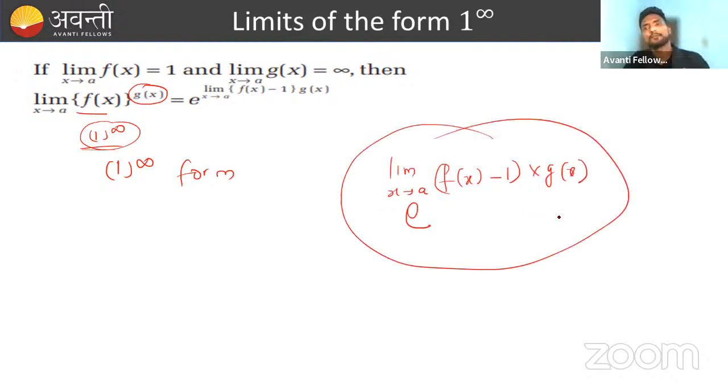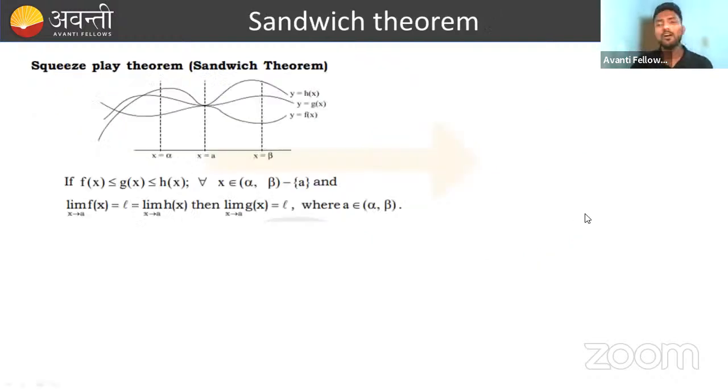Okay, so now we will start with the main topic, that is the sandwich theorem. What is in the sandwich theorem? You can see by the name also, it is a sandwich. What does sandwich mean? We have two breads and in between there are some things.